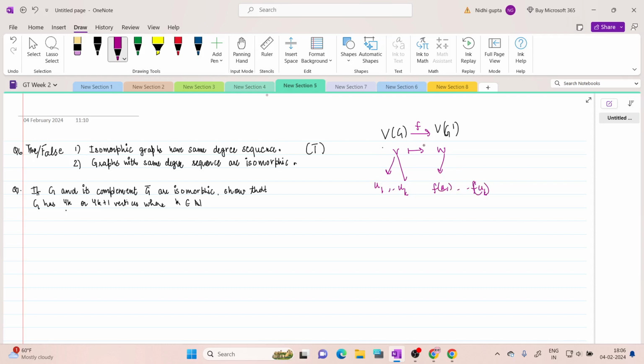So we see that the degree of V is the same as the degree of f(V), and therefore they have the same degree sequence. What about the second question?